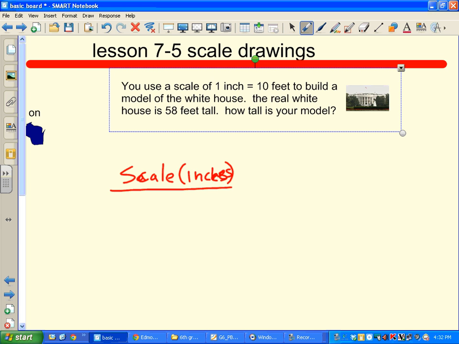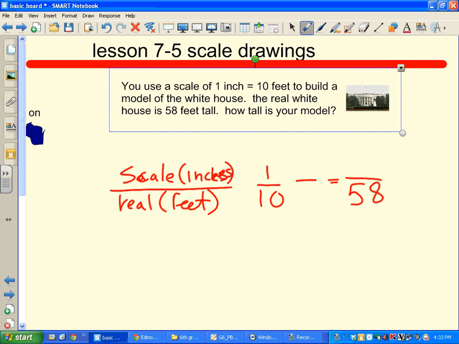Then I have in real life, feet, and my scale. I'm using 1 inch to 10 feet. Now the real White House is 58 feet tall. So to get from 10 to 58, what do I have to multiply by?